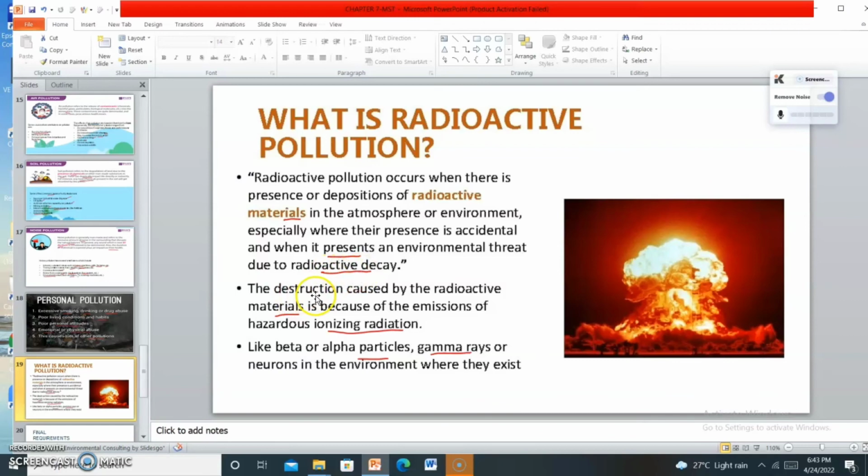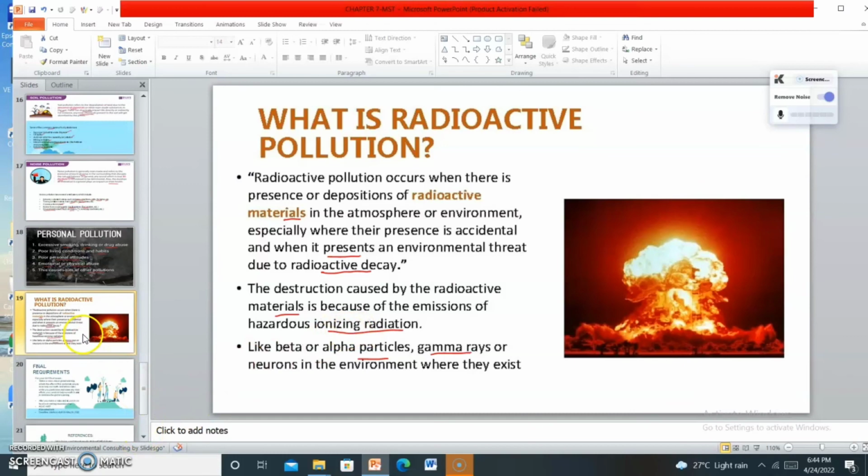This is also the destruction caused by radioactive materials because of the emission of hazardous ionizing radiation. So those are the following examples or types of pollution.